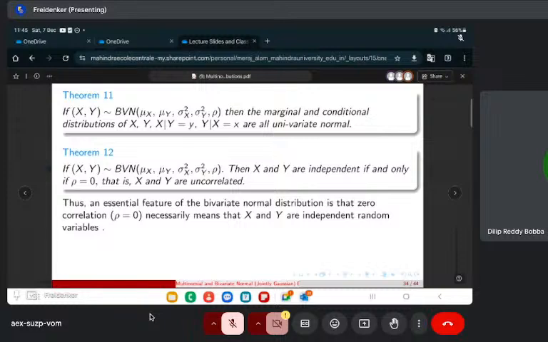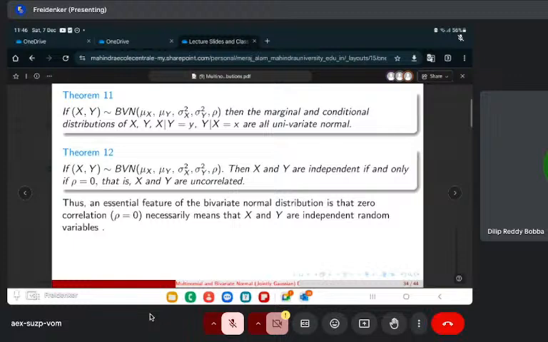So if rho turns out to be 0, only in this case x and y will be independent. In general cases, if rho is 0, it just means that they don't have a linear relationship. They could have a non-linear relationship. So the only thing that is making this work is the bivariate normal distribution. It will ensure that if rho is 0, then x and y have to be independent.